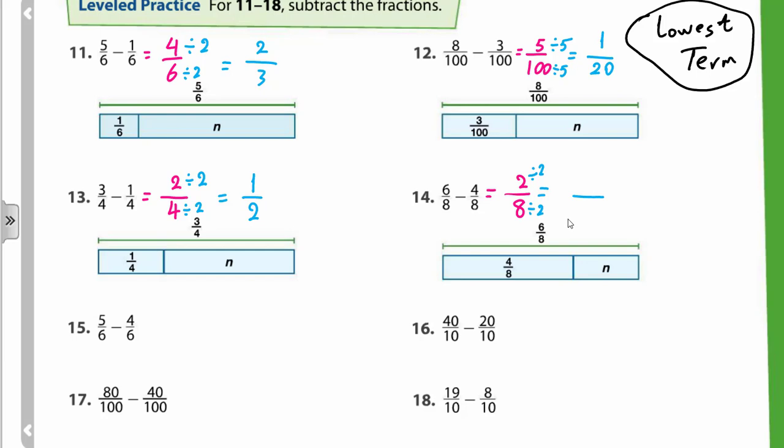Go ahead. 2 divided by 2 is 1. And 8 divided by 2? You should divide by 2. 8 divided by 2 is 4. Okay, thank you, my hero.